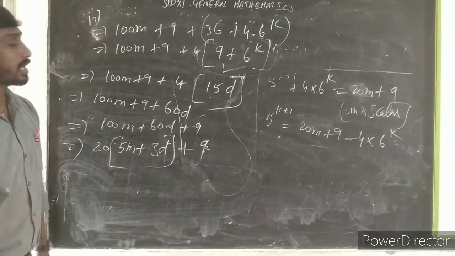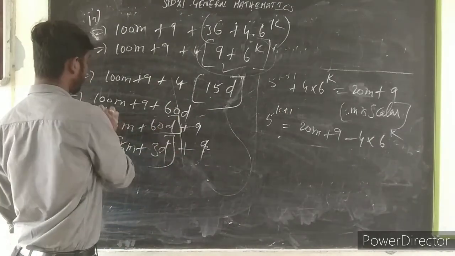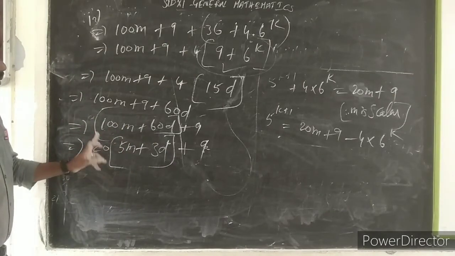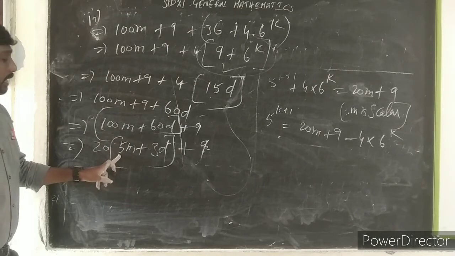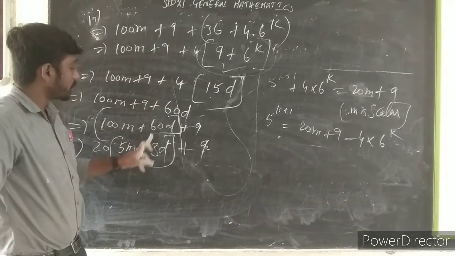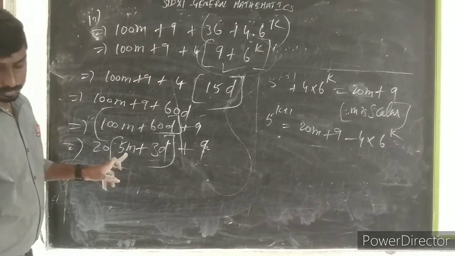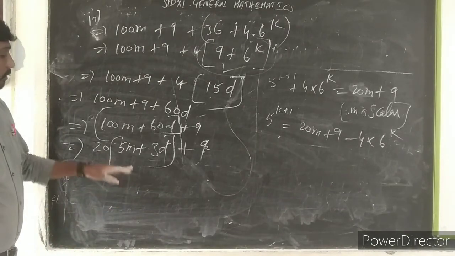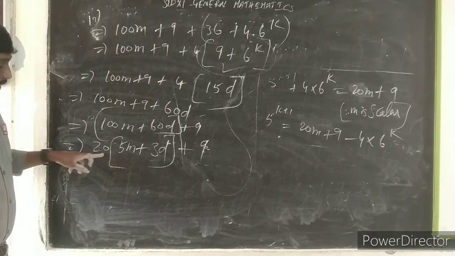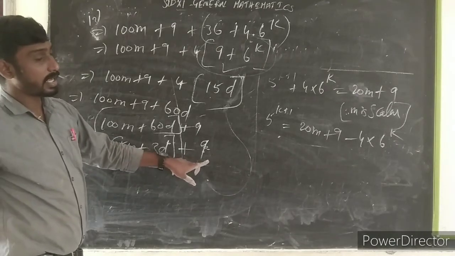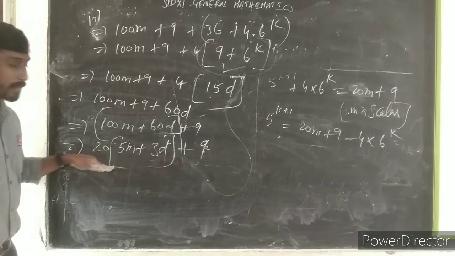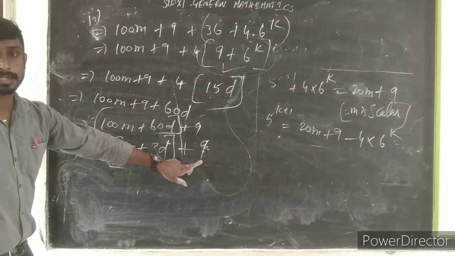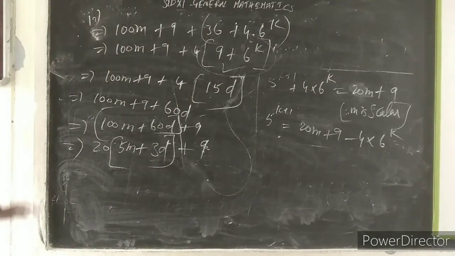If you take 20 commonly from this term, 20 into 5 is 100, and 20 into 3 is 60. So 5m plus 3b is divisible by 20 and the remainder will be 9. You write the condition right.